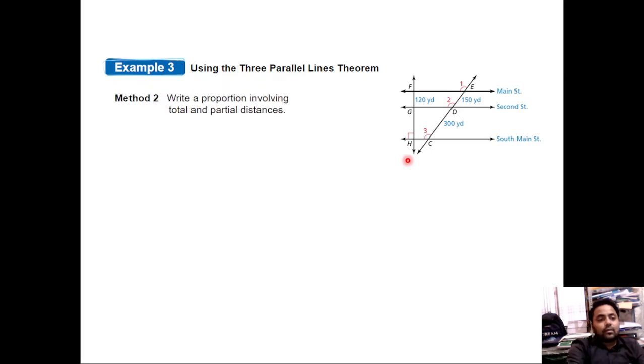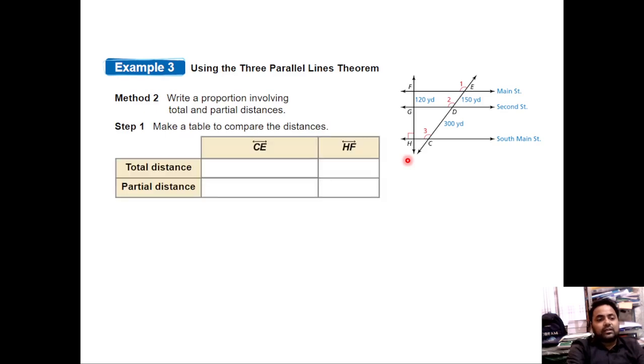Now the second method we can apply here. Write a proportion involving total and partial distances. Make a table to compare the distances, like for CE and HF.